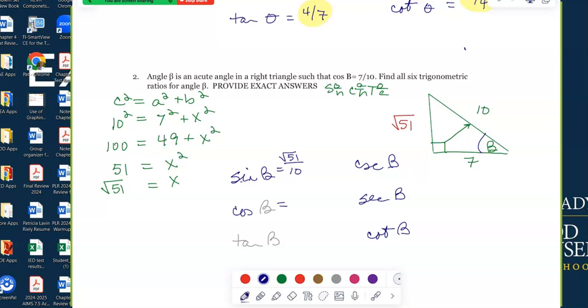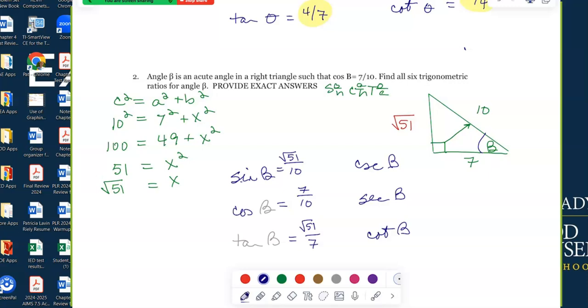Next thing, cosine of beta. So looking at cosine of beta, I know that cosine's adjacent, which is 7, also over hypotenuse. Everything's beautiful there. Okay, tan. Tan, what's that? Opposite, which is radical 51 over the adjacent, which is 7. Okay, so I have the 3 main functions.